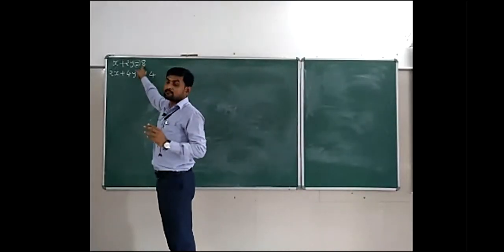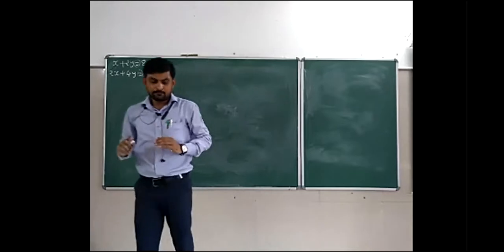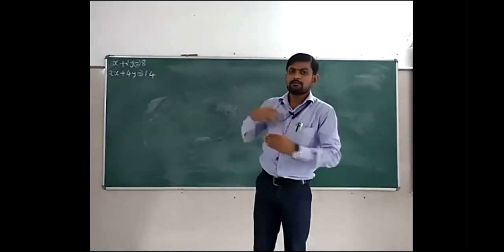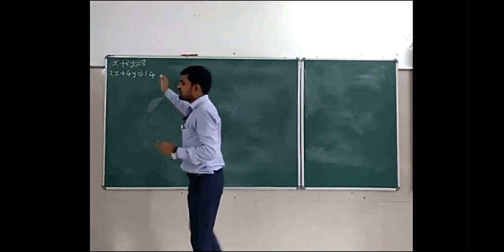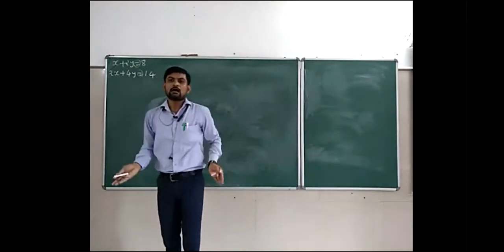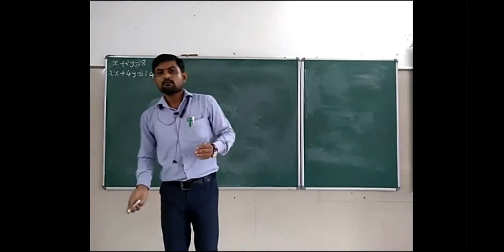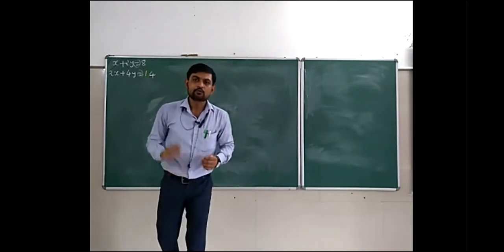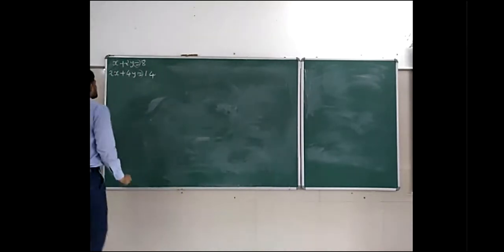See, here it is 8 and here it is 14. Sometimes you are not given the equation like this, then we have to transform our equation into this form. Is that clear? Okay, now we'll try to solve this.